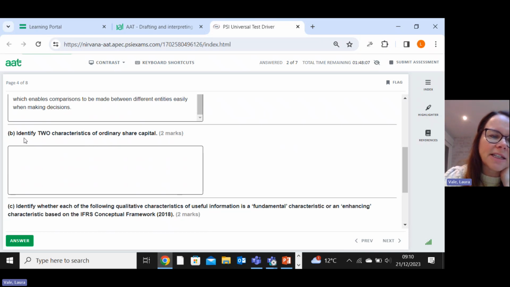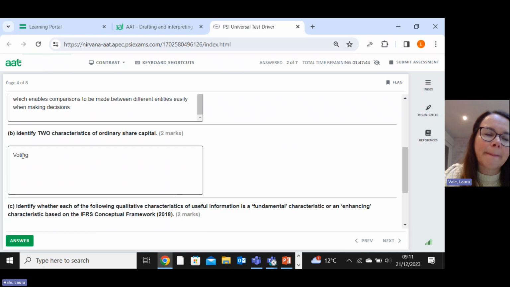Key things to note here: it's identify. The command word identify is just state it. They want 2, and it's only 2 marks, so it's obviously a mark for each one. It's ordinary share capital as opposed to preference share capital. So hopefully you know the key differences.